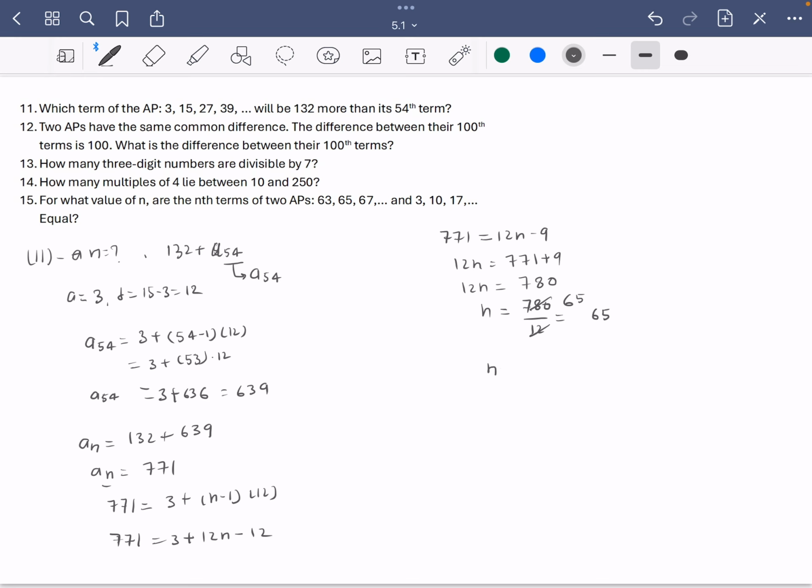So n is 65, and the 65th term is going to be 132 more than its 54th term.